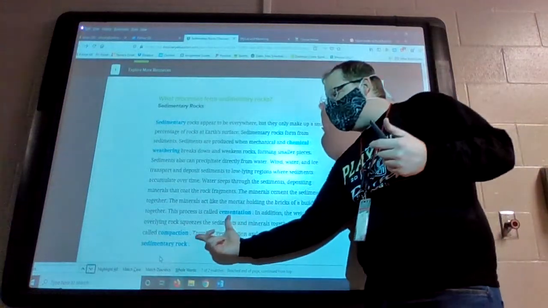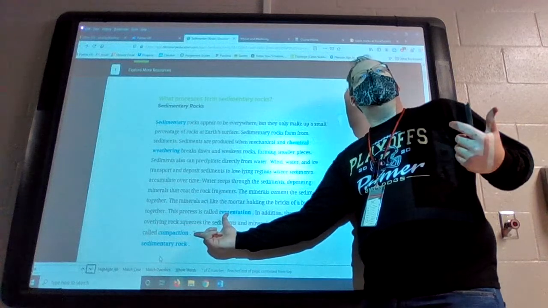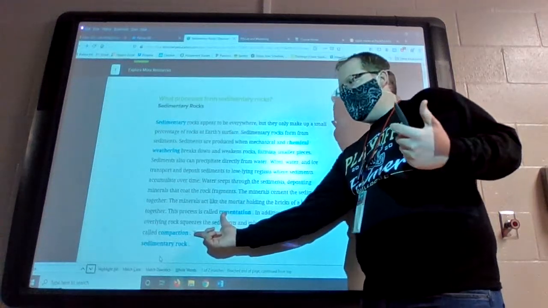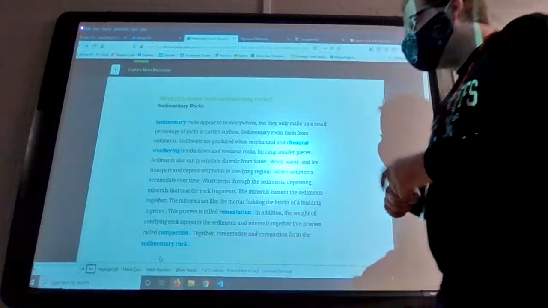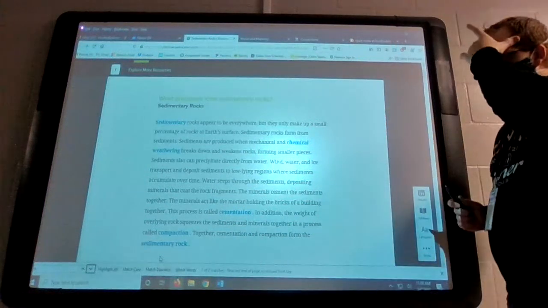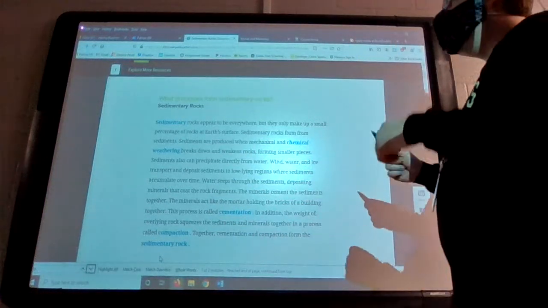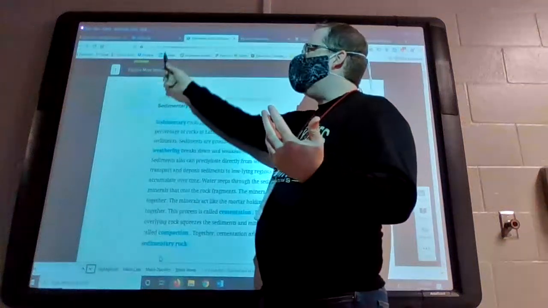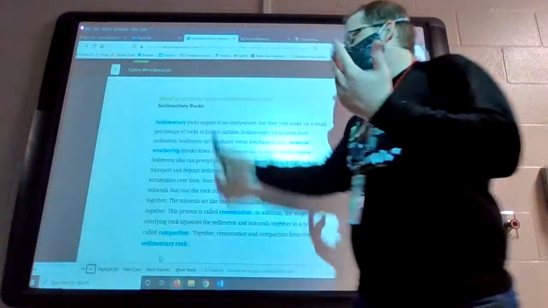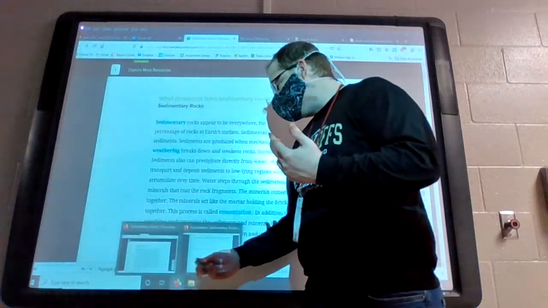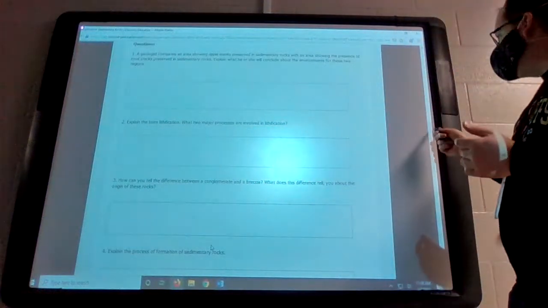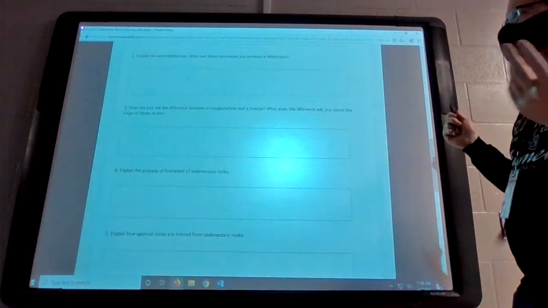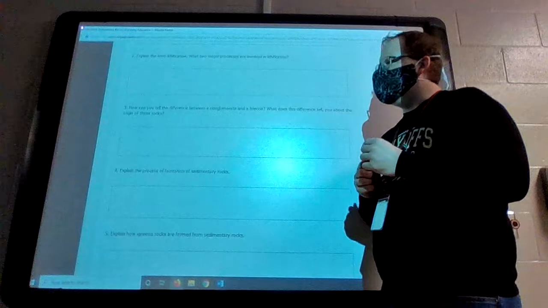Those two major processes are these two down here, compaction and cementation. So give me a little bit about each of those, compaction, cementation, and how those two things together are how you create a sedimentary rock, which is the term lithification, which they should have had highlighted in the text so you know what the term lithification means.